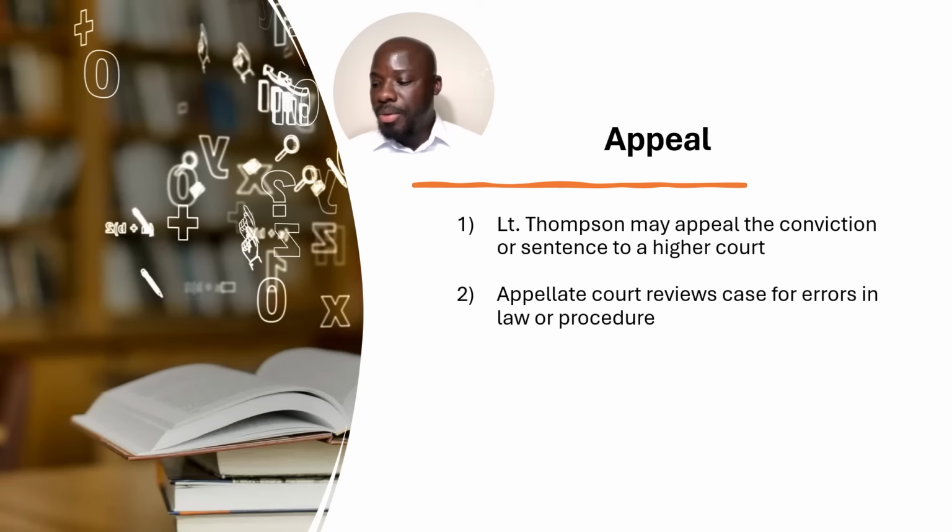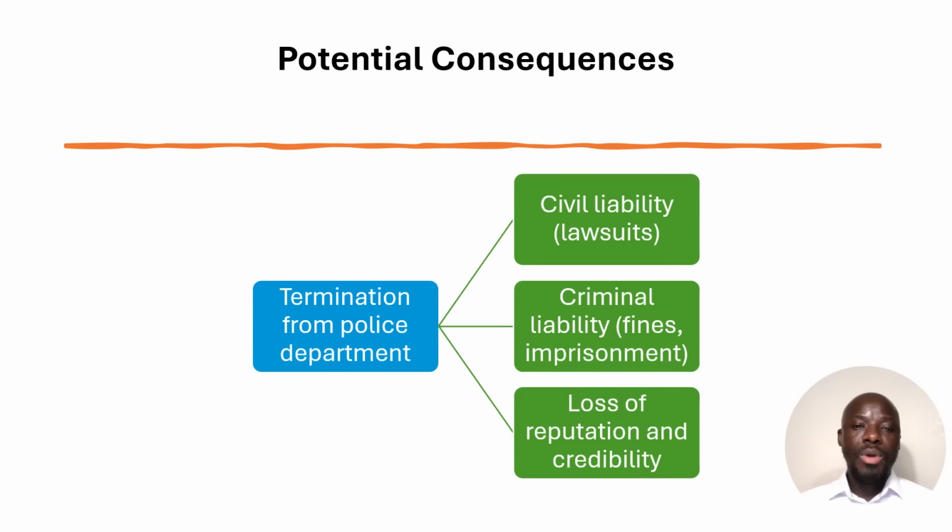And then we come to appeal. Appeal is when Lieutenant Thompson may appeal the conviction or sentence to a higher court. Two, the appellate court reviews the case for error in law or procedure. And then we come to the potential consequences.